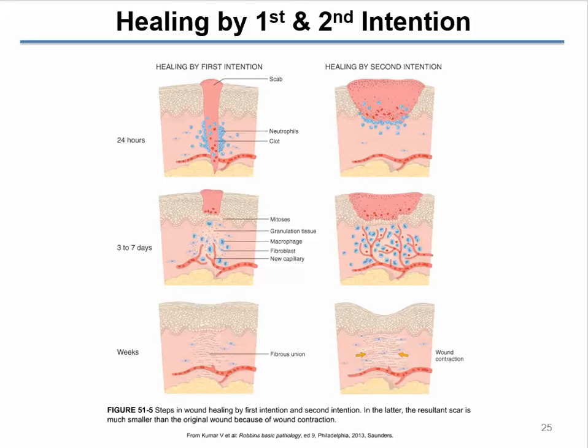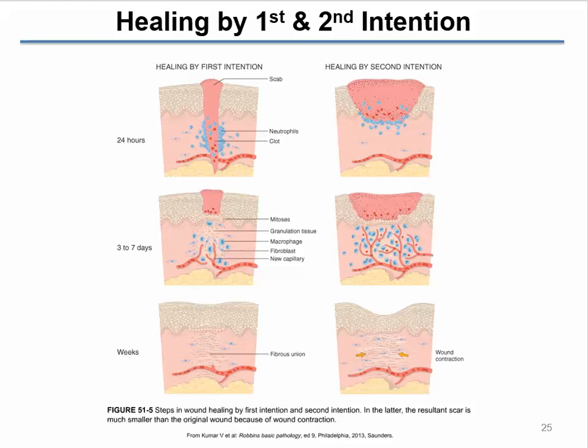Now, the second intention healing happens when the wound is large, when there's a lot of tissue damage or tissue removed, or if it's complicated with infection. You can't put stitches in this, so sometimes debridement is necessary, removal of damaged tissue.